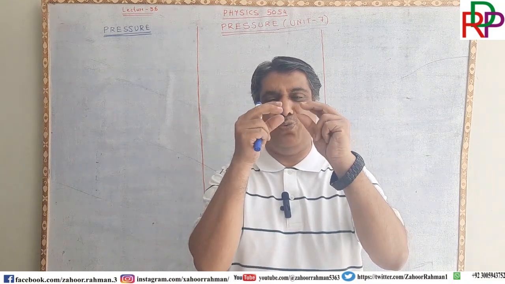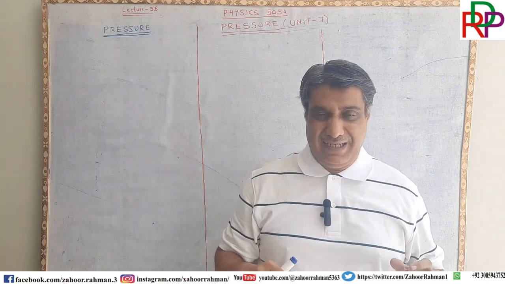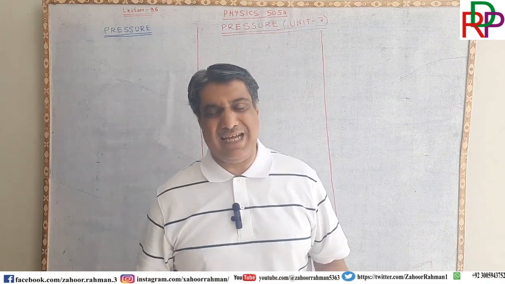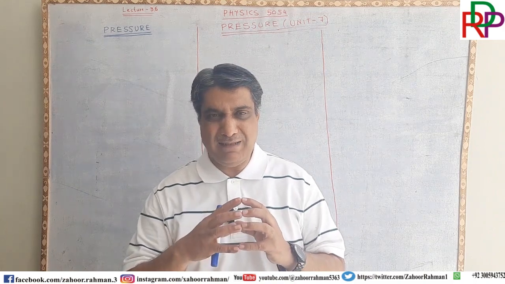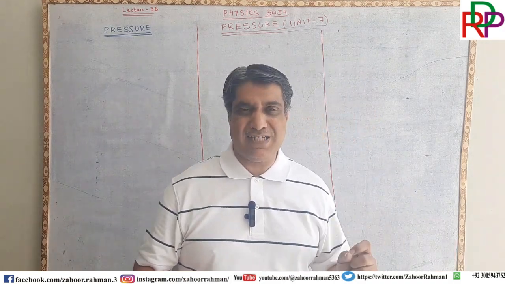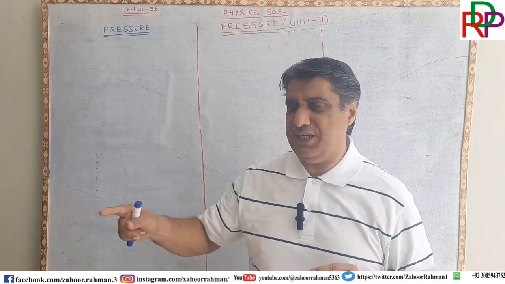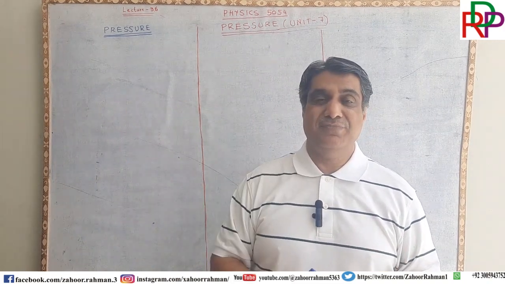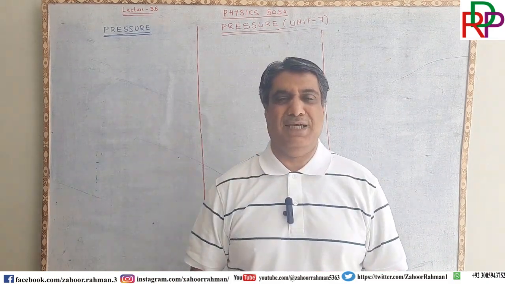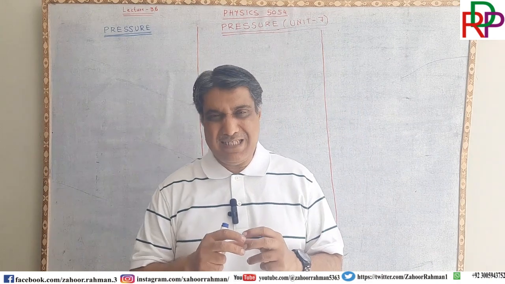If there are two very small hemispheres and we connect them and remove the air through an air removing pump from the inner side of that hollow ball, then it is said that if 15 horses are fastened on one side of a very small hemisphere and 15 horses on another side, they were not able to separate those two small hemispheres.